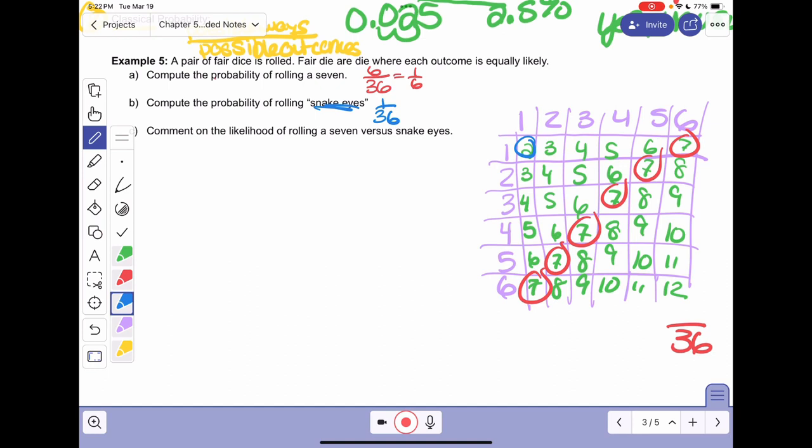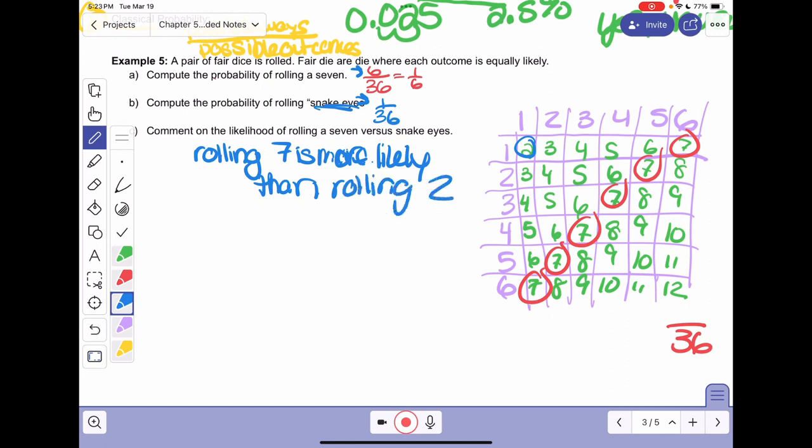So if we look at these, the 7 is 6 out of 36, where the 2 is 1 out of 36. So rolling 7 is more likely than rolling 2. That's how you would comment on that.